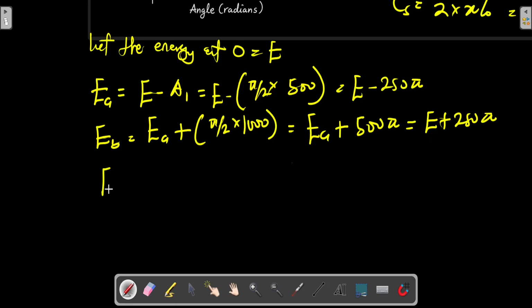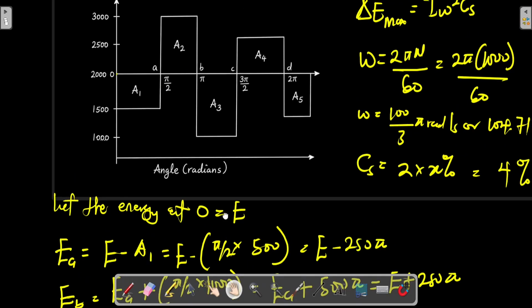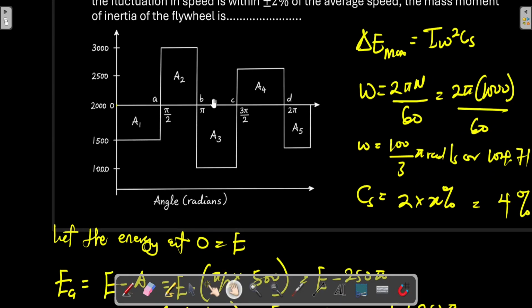Now, what is the energy at C? This is also simple. Now, the area here is actually a negative energy fluctuation. Meaning energy wasn't produced by the engine during that particular period, but rather energy was used by the engine to work against the external load, which was the constant 2000 Newton meter torque.